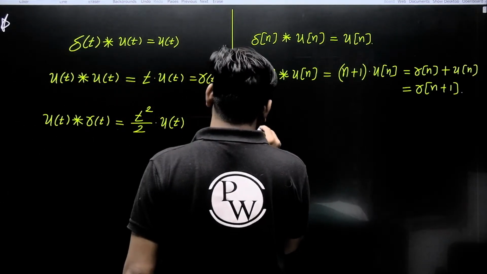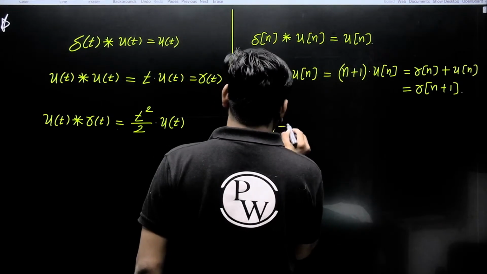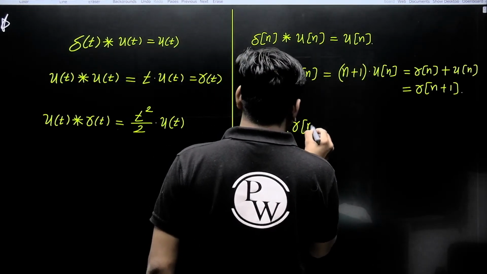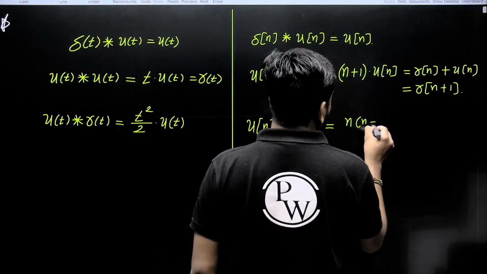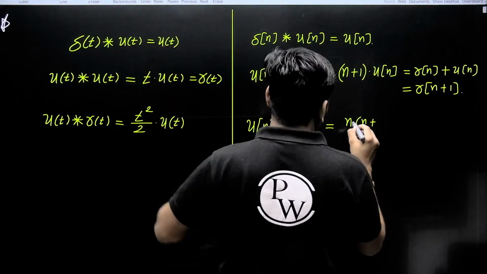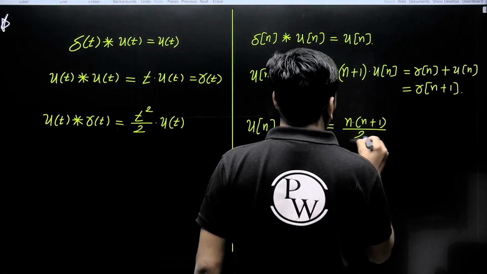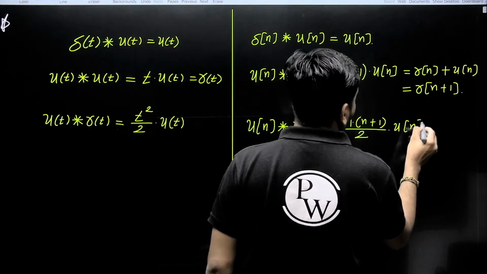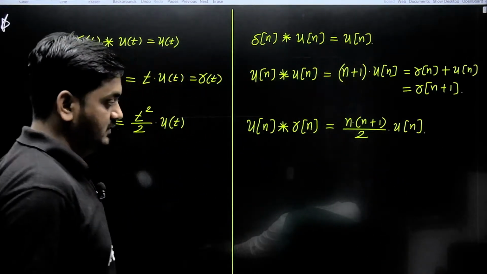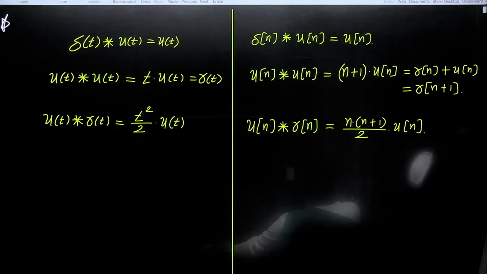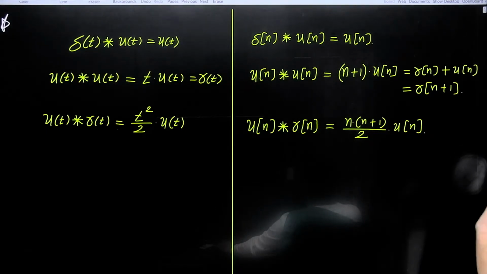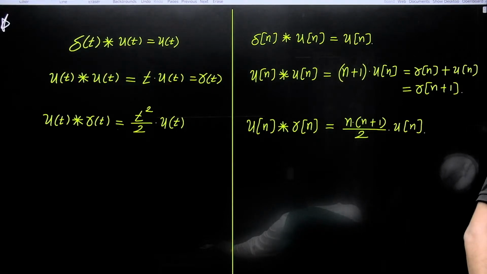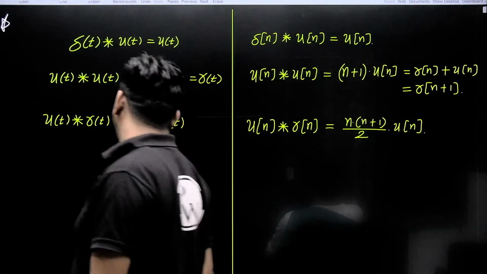Now here u of n convolution with r of n is nothing but n into n plus 1 divided by 2, u of n. Okay. n into n plus 1 divided by 2.